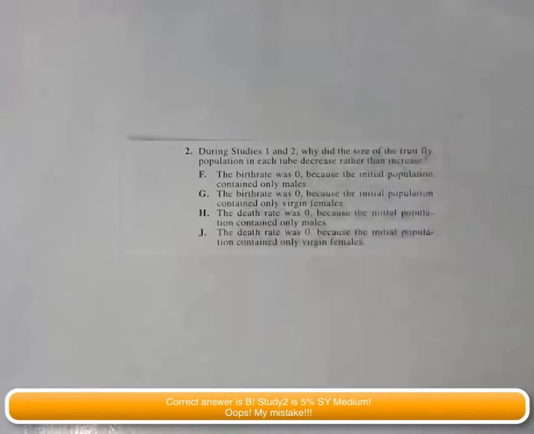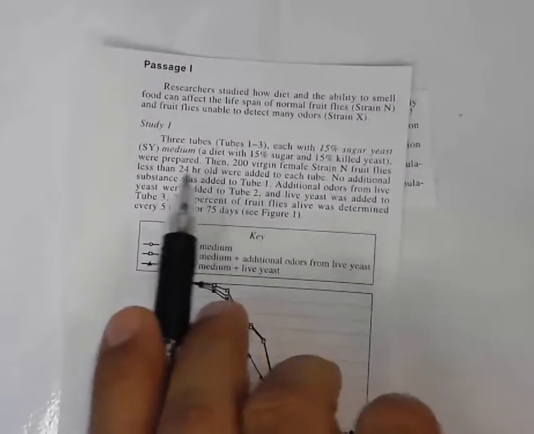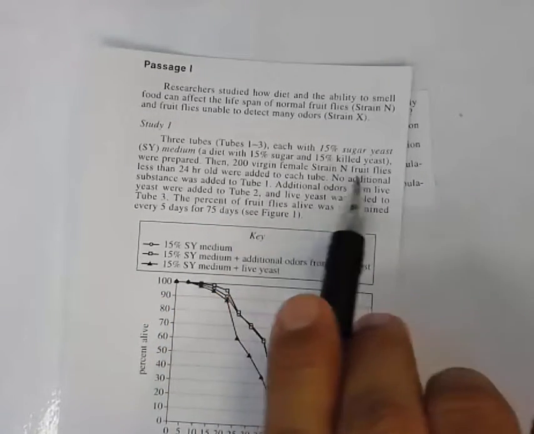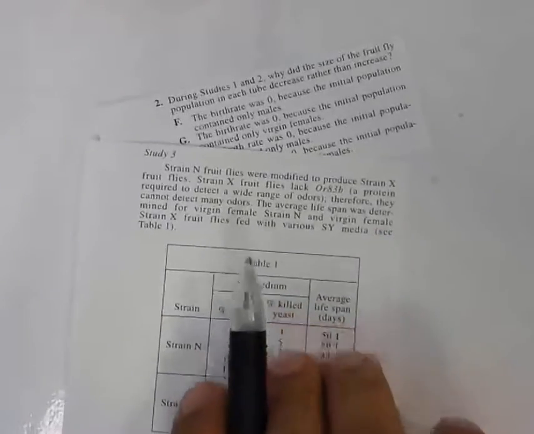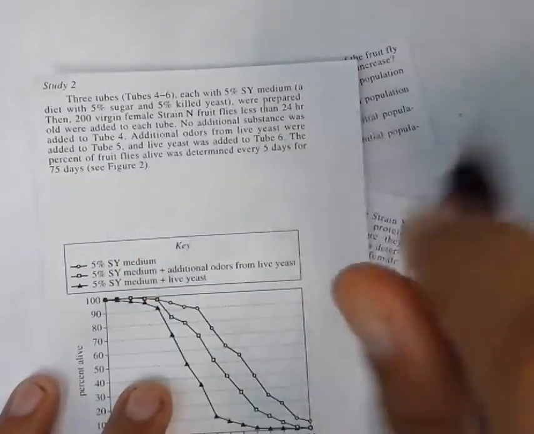Okay, question 2. Question 2 says, during studies 1 and 2, why did the size of the fruit fly population decrease rather than increase? You have to look at how the study is formatted. Notice that in study 1, there are 200 virgin female strain N fruit flies. Study 2 again says 200 virgin female strain N fruit flies.